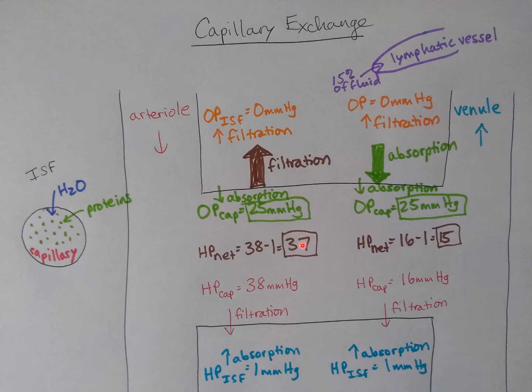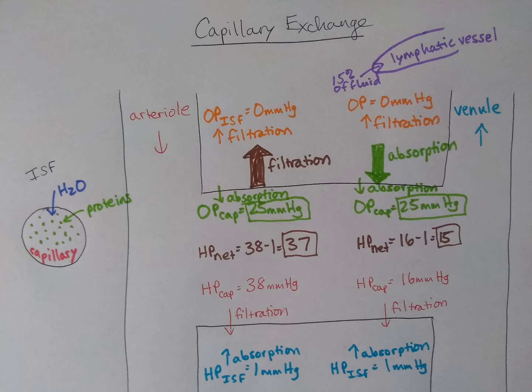You can see that the blood pressure at 37 is bigger than the osmotic pressure from the proteins in the blood. And remember that the blood pressure favors filtration. So at the arterial end, we're going to favor filtration and push fluid out into the tissues. That's good because we want to drop stuff off at the cells.